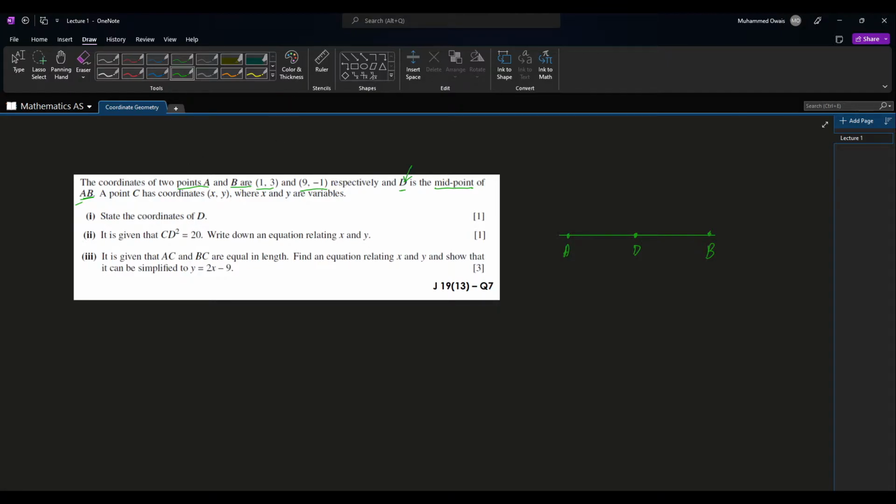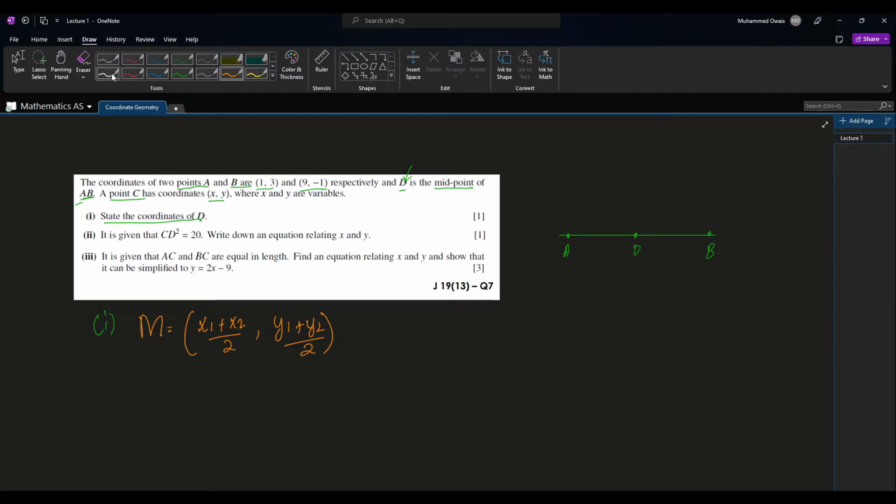Now then, it says a point C has coordinates x, y. Alright, fine, it has not told us the x, y. Now then, it is saying to state the coordinates of D. Pretty simple, as we just discussed that D is the midpoint of A and B. So what we can do is use the midpoint formula and find the coordinates of D. So I can say m equals x1 plus x2 over 2, y1 plus y2 over 2.